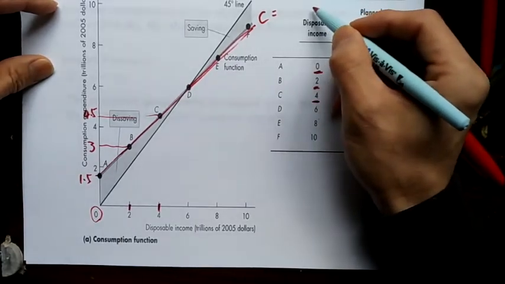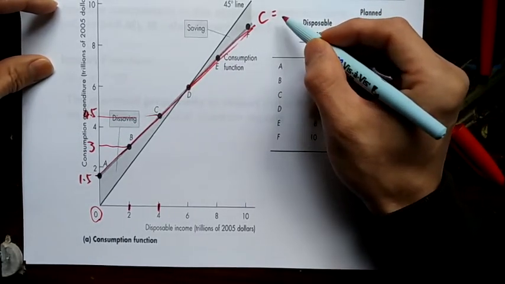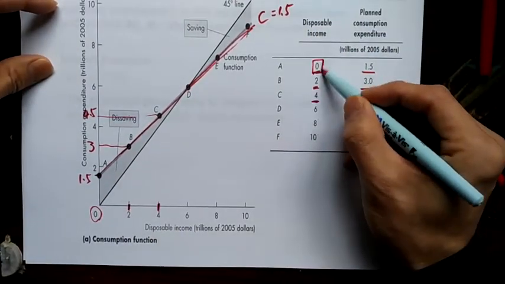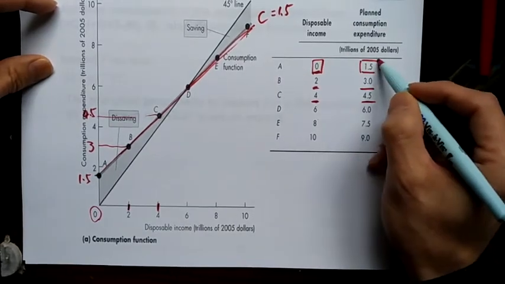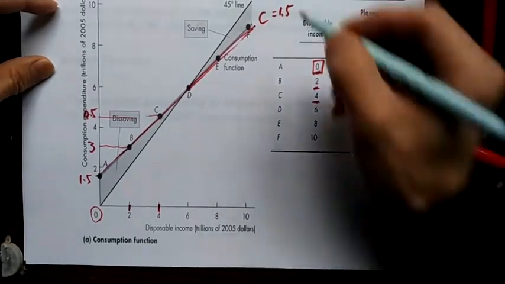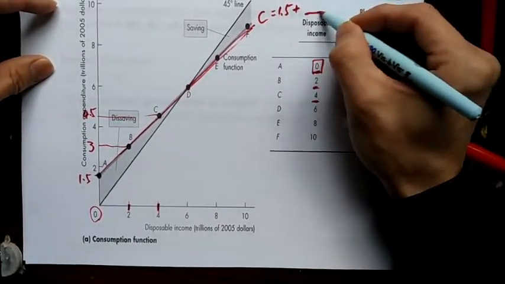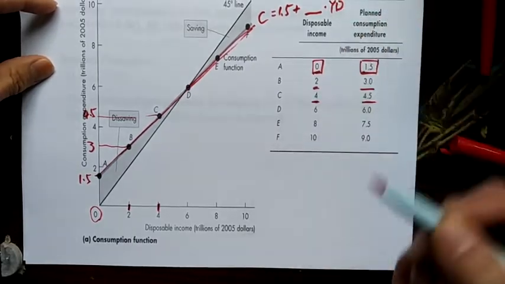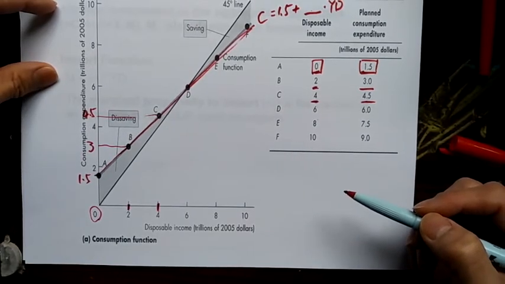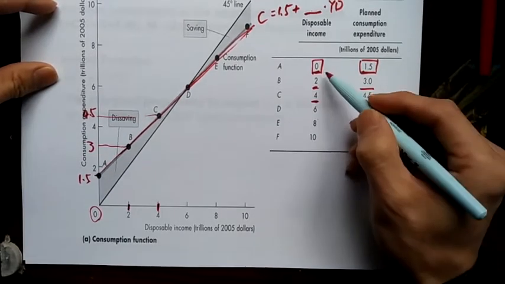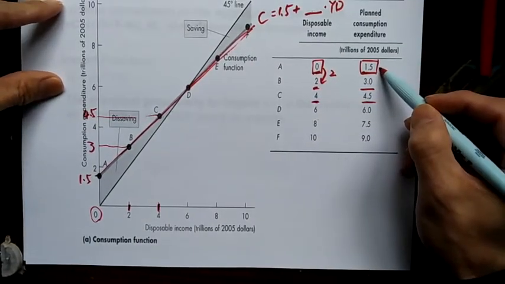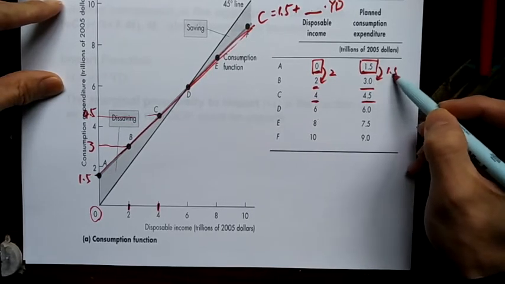So what does your consumption function look like according to this? C is A plus B YD, right? What is A? A is the y-intercept. How much is the y-intercept? 1.5. That is, when your disposable income is 0, your surviving level of consumption, your autonomous consumption, is 1.5. Plus the slope times disposable income. What is the slope? The slope is marginal propensity to consume. So when your income increases by 2, your consumption increases by 1.5.